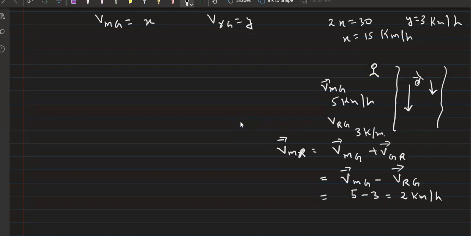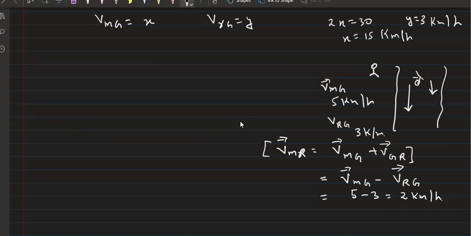But when you talk about this formula, it's not even a formula, it's basically relative motion. Velocity of A with respect to B is equal to velocity of A with respect to C plus C with respect to B. As simple as that. So velocity of man with respect to river is velocity of man with respect to ground plus ground with respect to river.